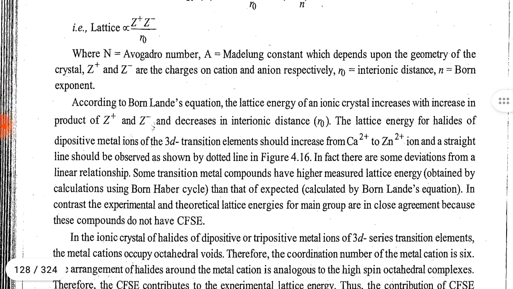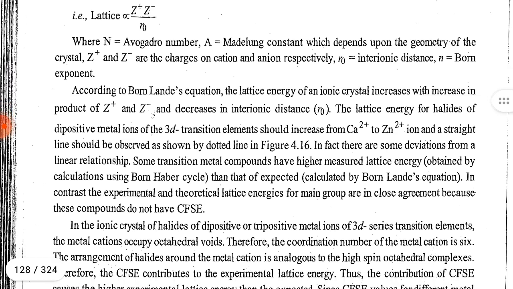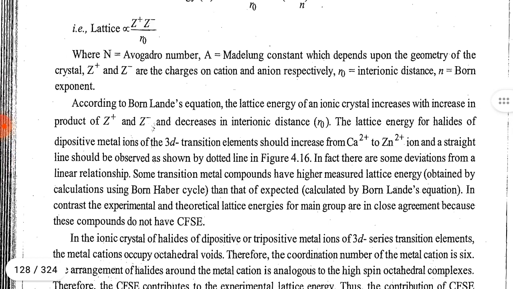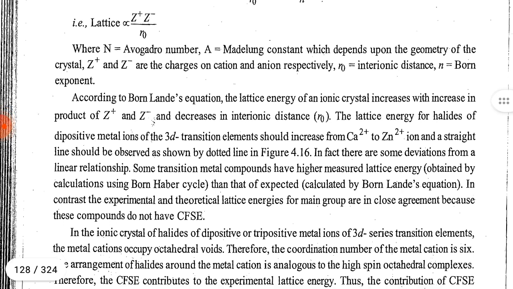That is, lattice energy is directly proportional to Z+ Z- upon R0, where N0 is the Avogadro number, A is the Madelung constant which depends upon the geometry of the crystal, Z+ and Z- are the charges on cation and anion respectively, R0 is the inter-ionic distance, and n is the Born exponent.